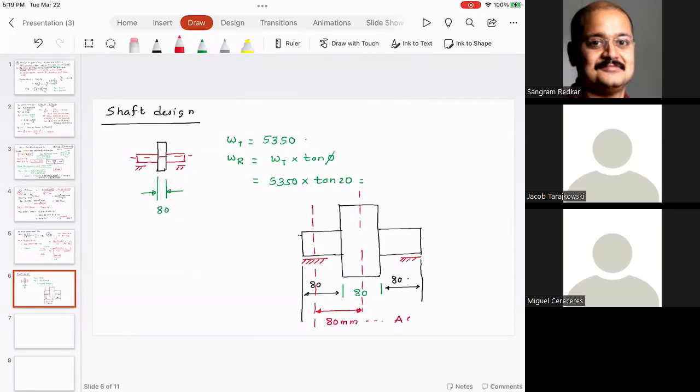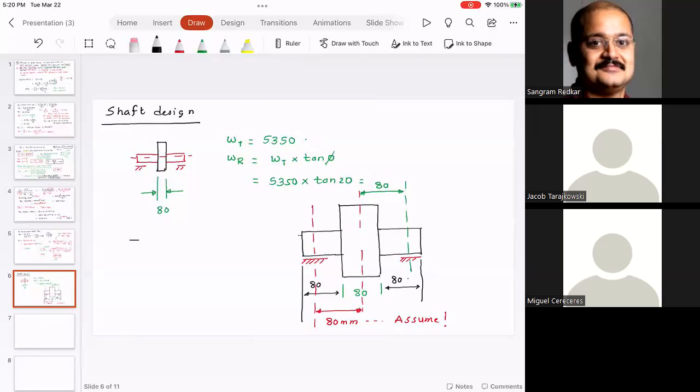This is an assumption. This distance, center to center, again is 80.